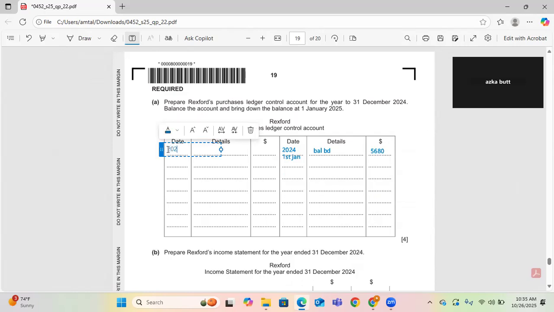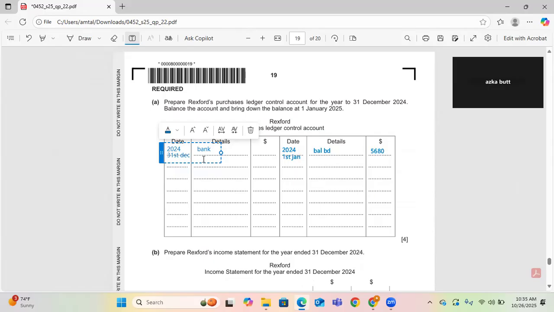So first of all, 2024, and then 31st December. Let's write the payments first of all. The payments, or you can write the bank, because the bank will reduce because of that. Let's write the bank entry.